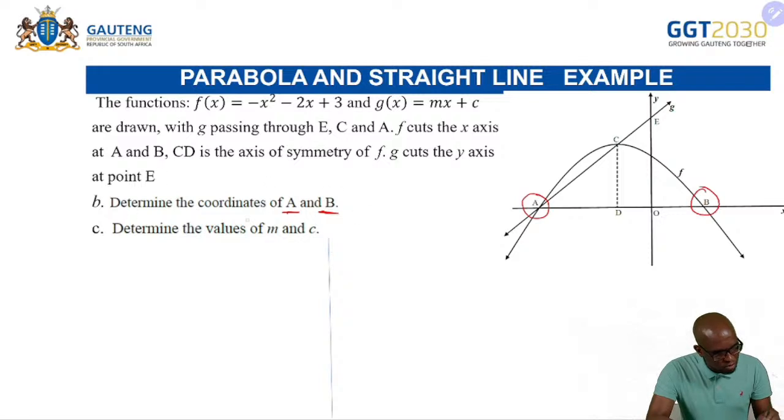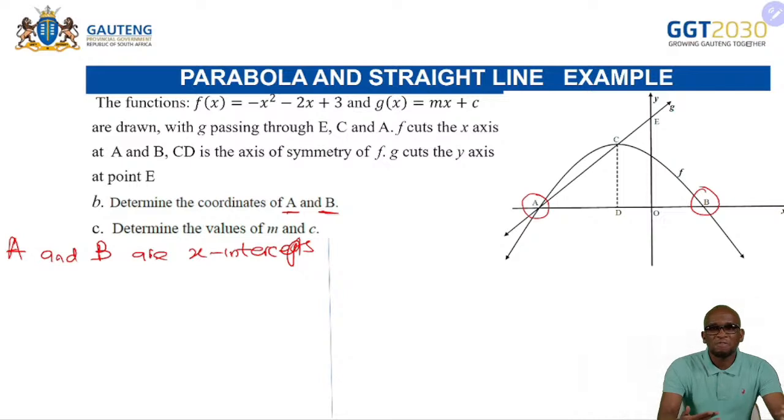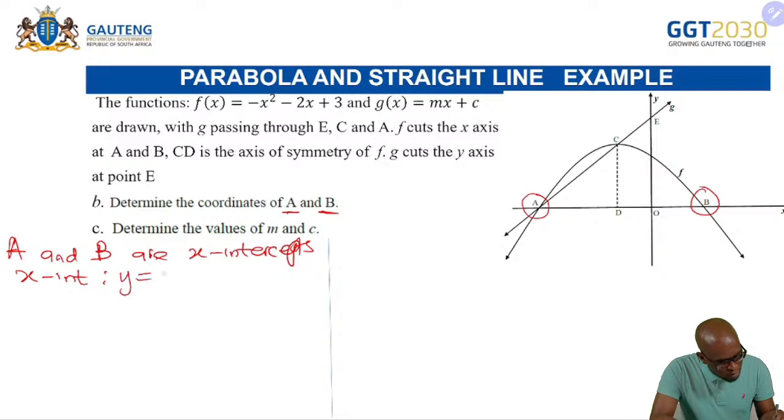So if we want to find the coordinates of A and B, we say A and B are x-intercepts, and we know to find the x-intercepts we put y equal to 0. So if we want to find these x-intercepts, y is equal to 0.